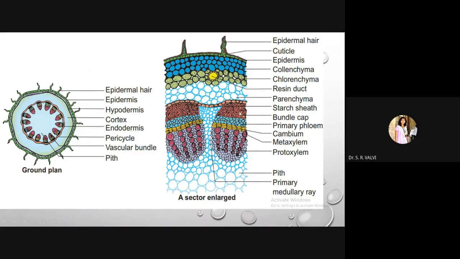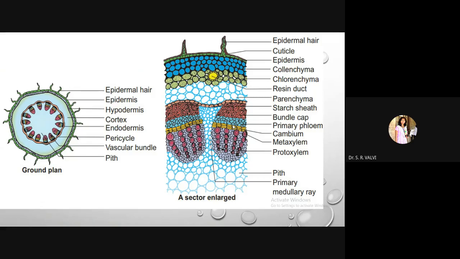Okay. Now below this, look here, somewhat penta or hexagonal compactly arranged cells are there. In the previous section, in case of root, what have we observed? We have observed endodermis and pericycle, they are of a single layer.